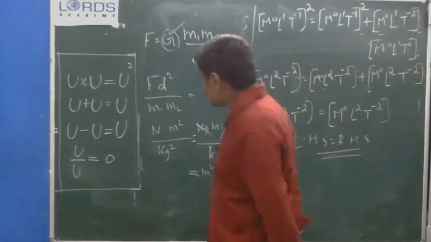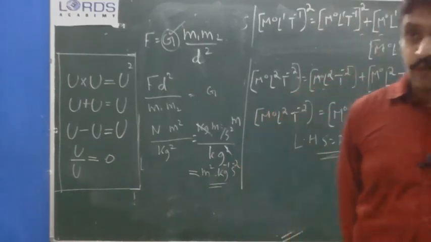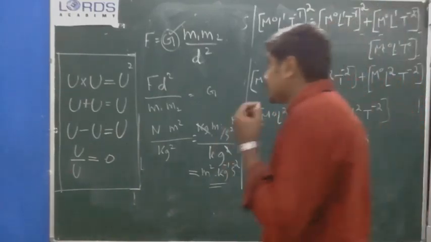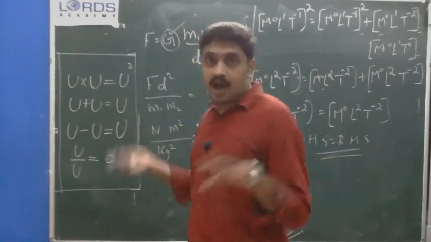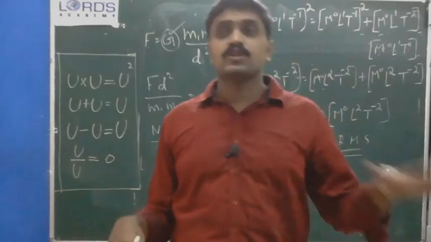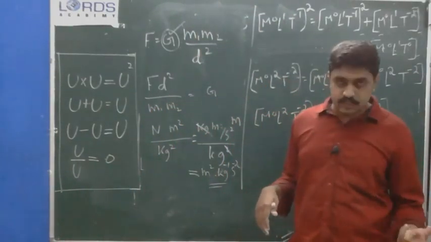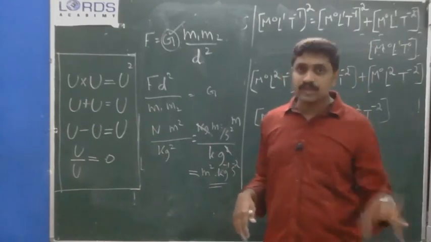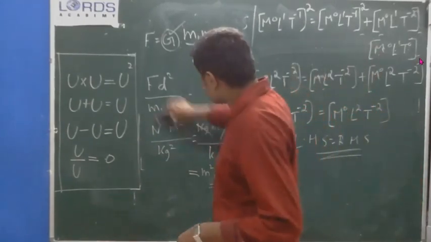So the mistake you made is that we didn't consider the unit of G. If there is just a constant number, like 20, 100, 10,000, you can ignore it. But if the constant carries a unit, you can't ignore it. Students, forget everything written here.